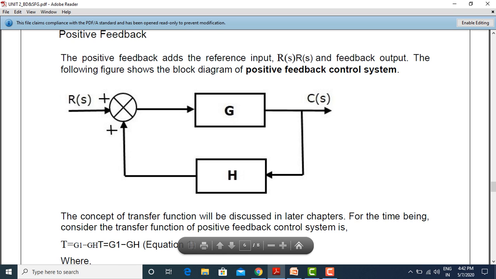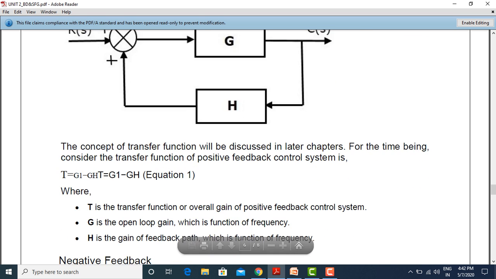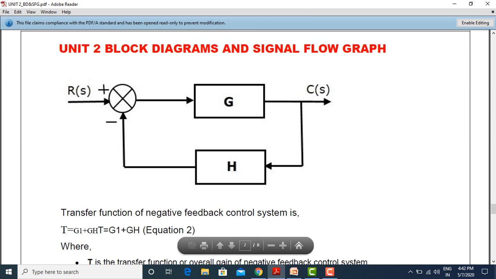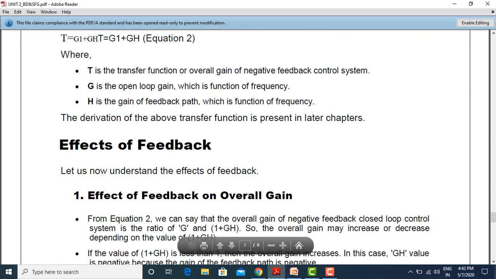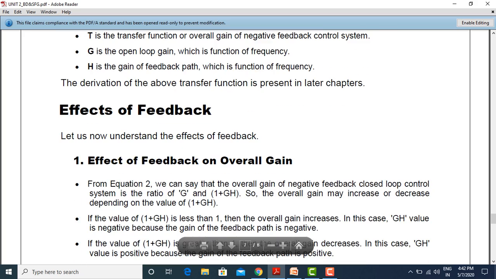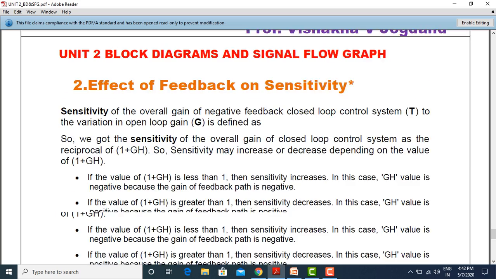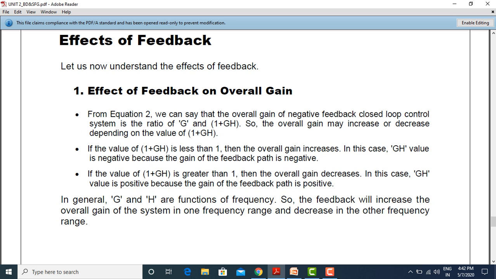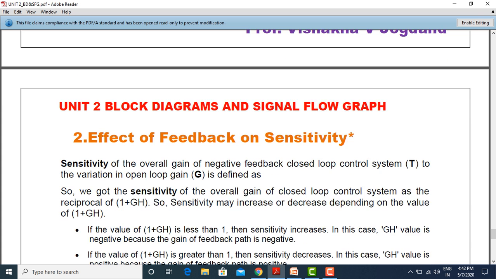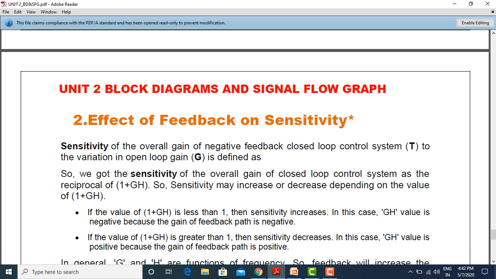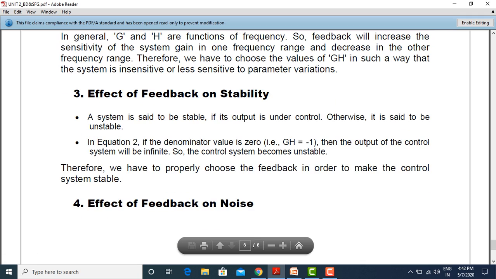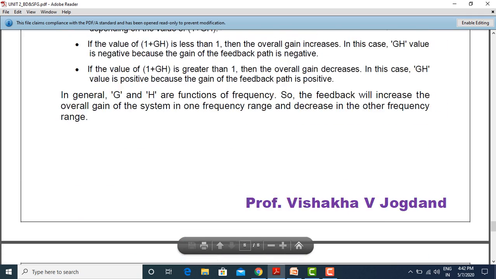This is positive feedback. And this is negative feedback. What are the effects of feedback? There are basically 4 effects. That is effect of feedback on overall gain. This is a very important point. Effect of feedback on sensitivity, effect of feedback on stability, effect of feedback on noise.